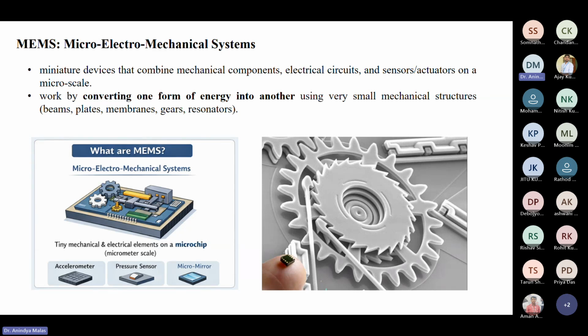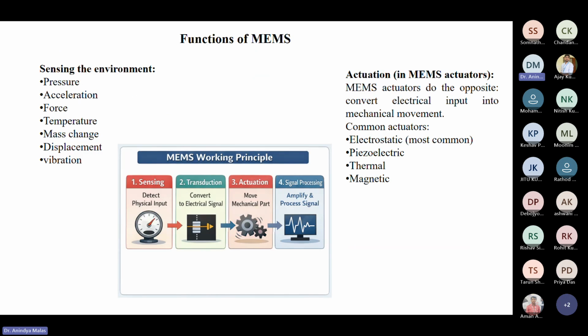First we discuss what the function of MEMS is, and where it is used. The main use of MEMS in many devices is to sense pressure, acceleration, force, temperature, mass change, displacement, and vibration.